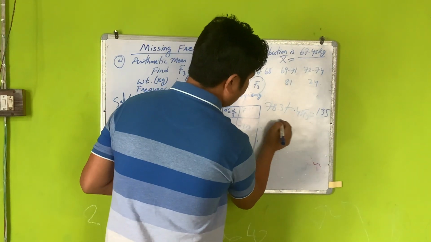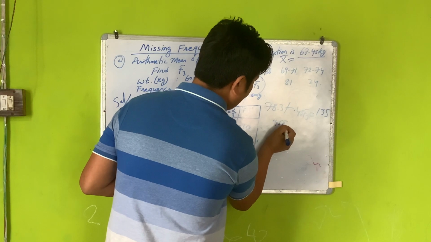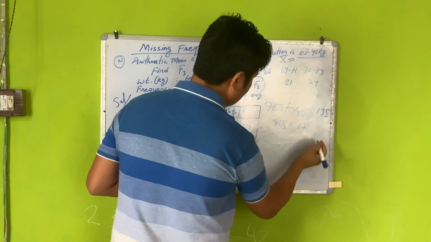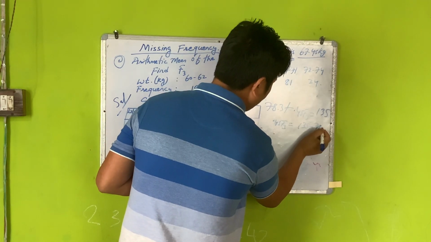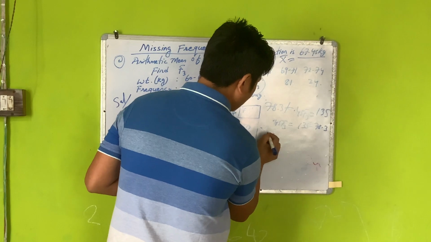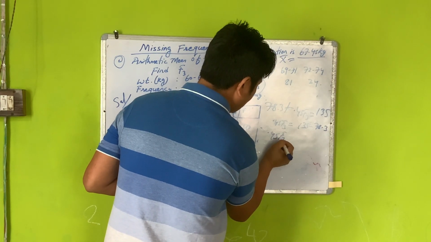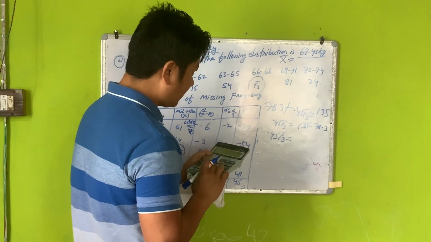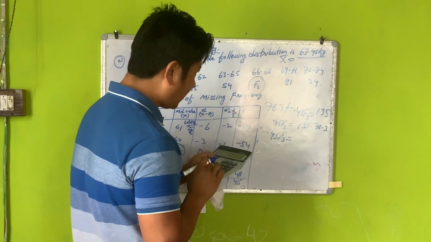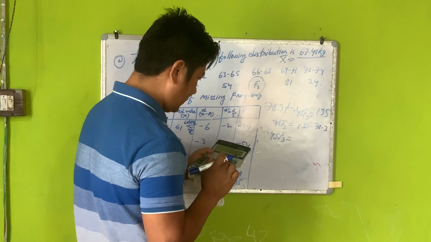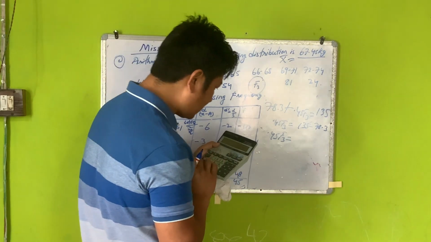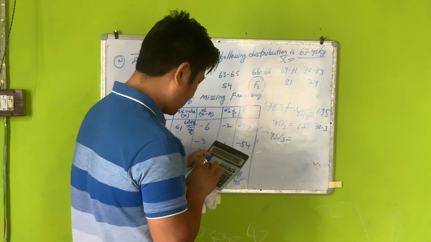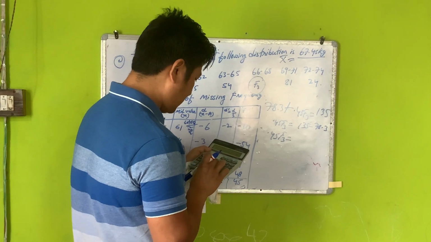Now you keep this 0.45 f3 as it is, and 135 minus, take this to the other side, 78.3. So 0.45 f3 is equal to 135 minus 78.3. How much will it be?